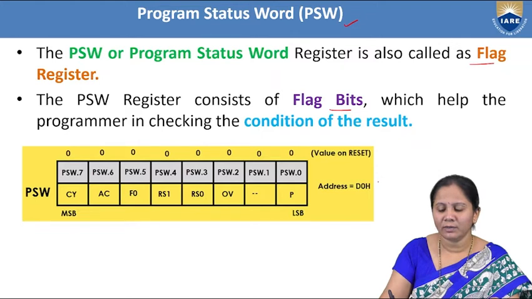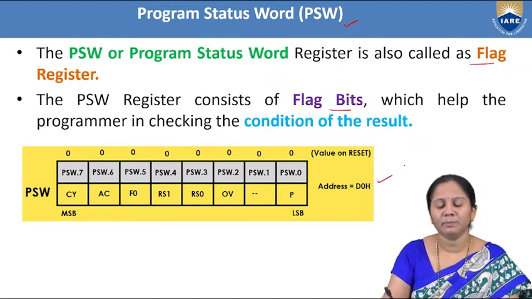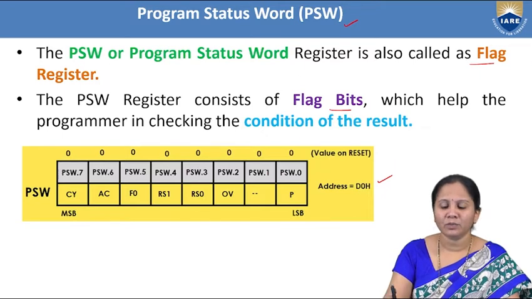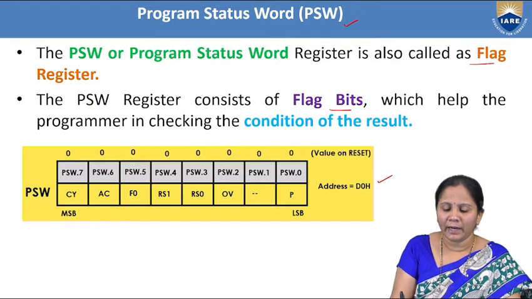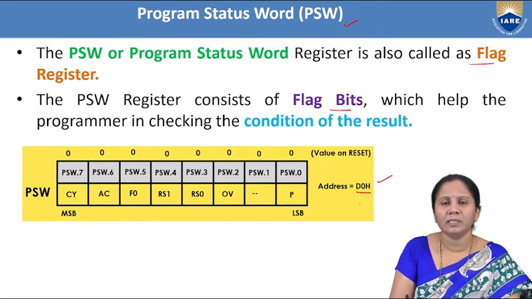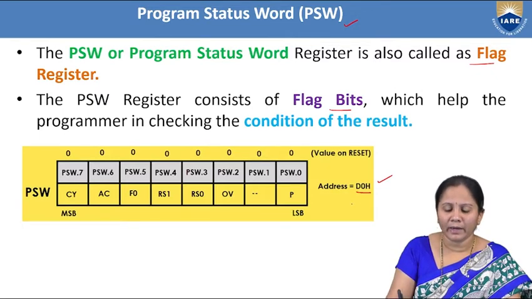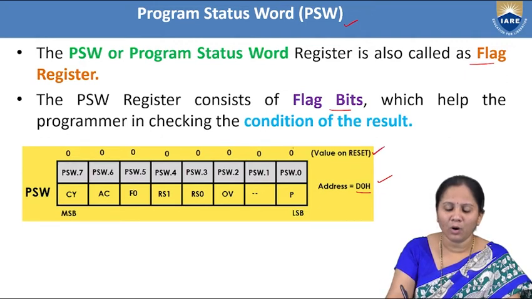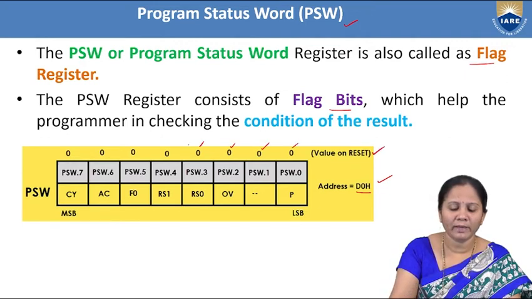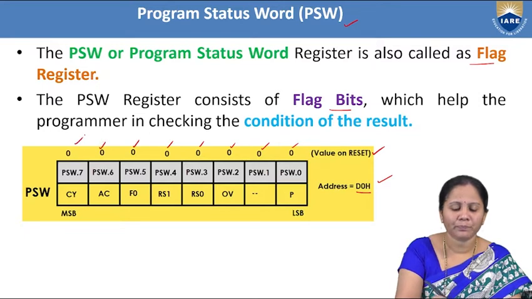This is the format of the PSW in the 8051 microcontroller. The flag register is 8 bits in size and has the fixed address D0, and when this flag register PSW is reset, all the bits will hold the value 0.